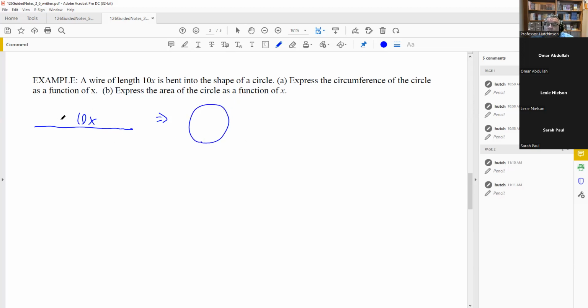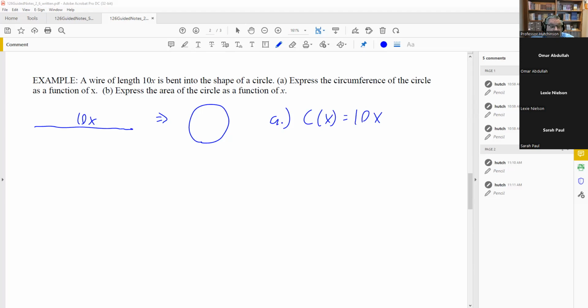If we take 10x and turn it into a circle, 10x all the way around the circle is called the circumference. So for part A, it says express the circumference of the circle as a function of x. Well, the circumference in terms of x is just going to be 10x. That's simply what it is.